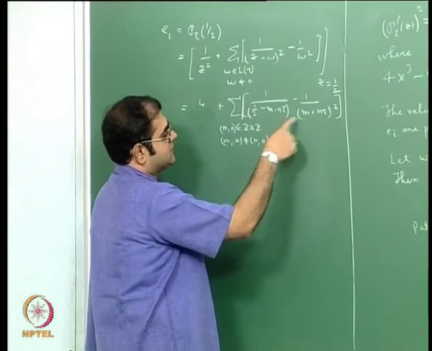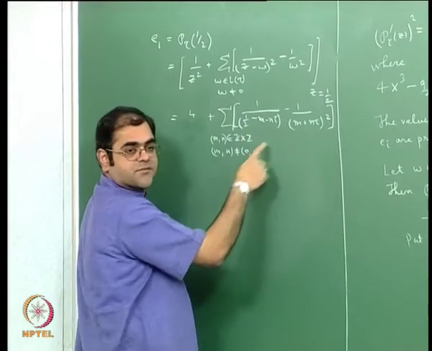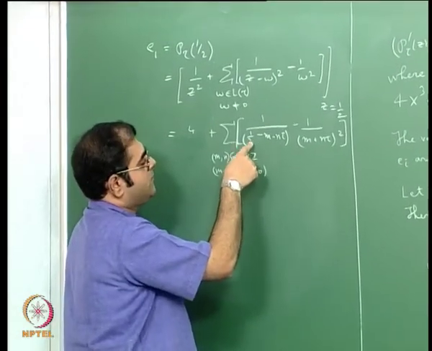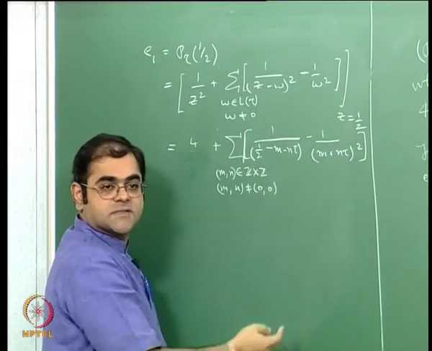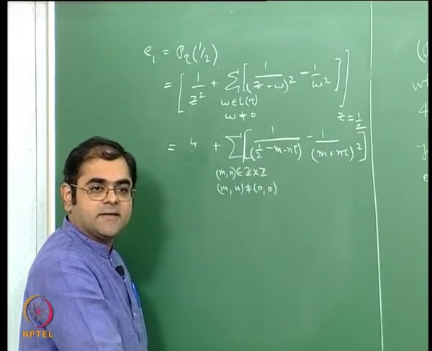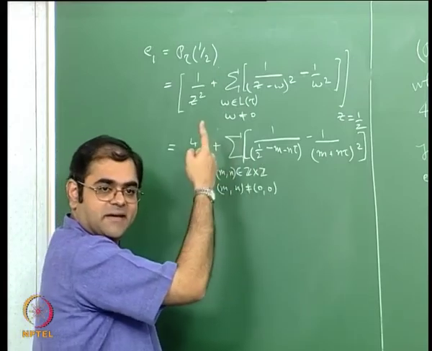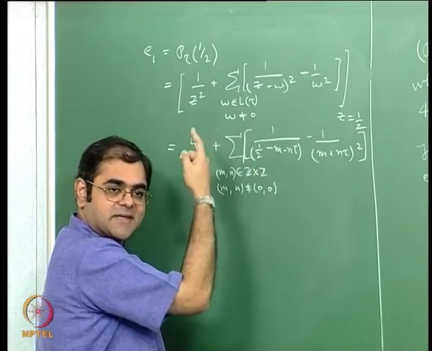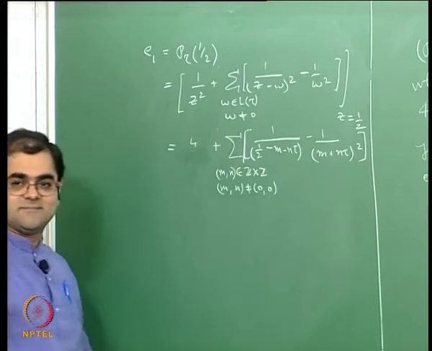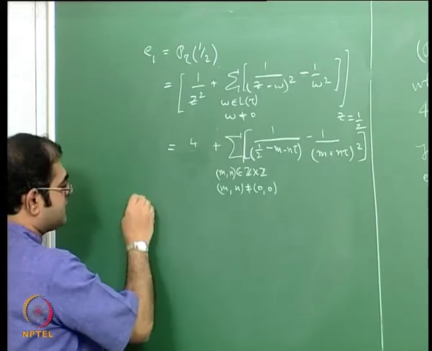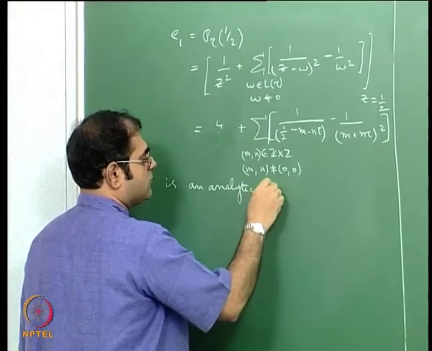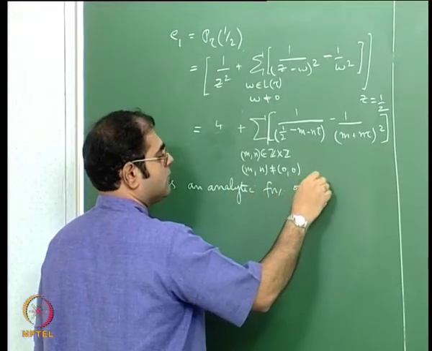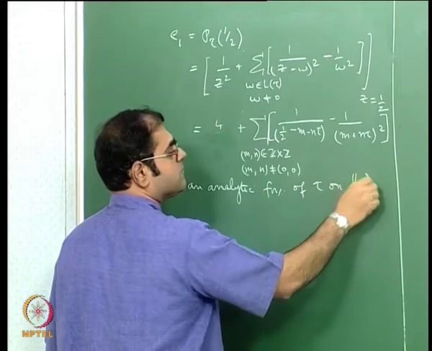Notice that this never vanishes, because purposely half is not a point of the lattice, and this of course converges. So you can see very clearly that in the upper half plane, as tau varies, this is an analytic function of tau on the upper half plane.